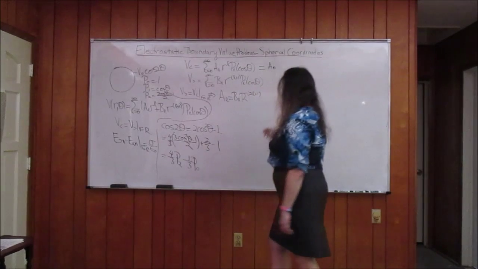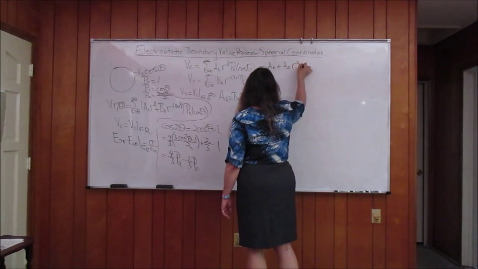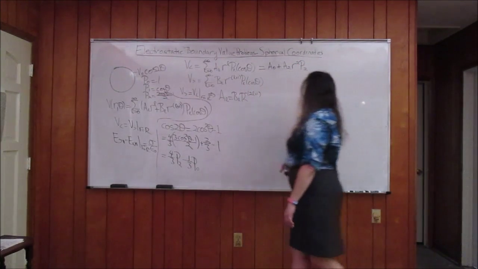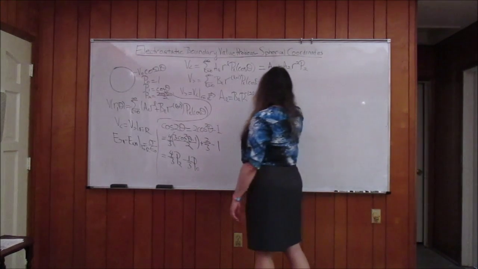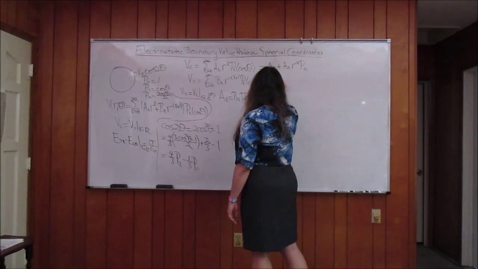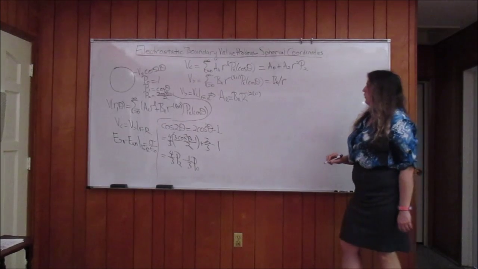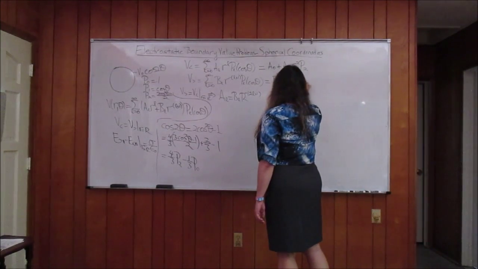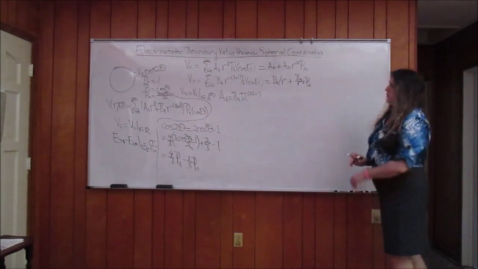We have A naught plus A2 R squared times P2. We have B naught over R plus B2 over R cubed P2.